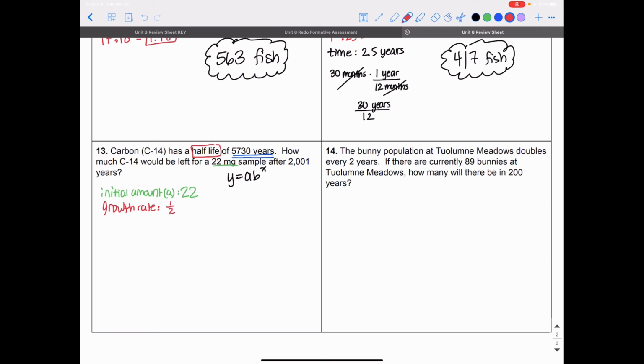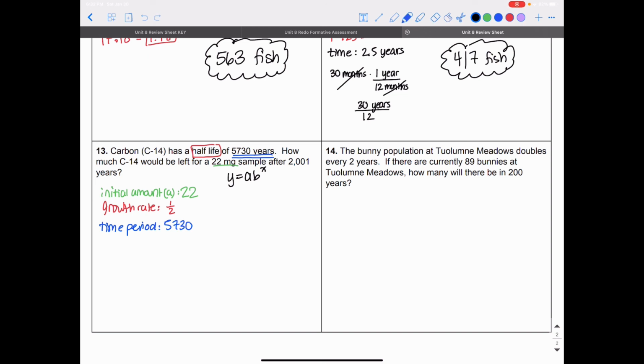It's dividing by 2 or cutting in half or multiplying by 1/2 every 5,730 years. And in this case, because it's not every 1 unit, it's every 5,730 units, I need to also take into account my time period, how long a time period is. And that's 5,730 units.